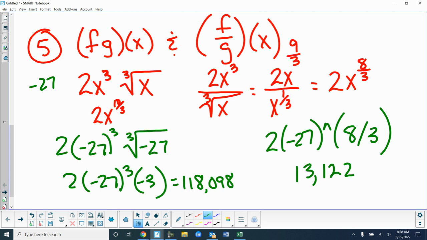All right, the other answers. Number 6 was x to the 7/2. Oh, that's the division part. X to the 7/2 over 3. And the multiplication one was 3x to the 9/2.